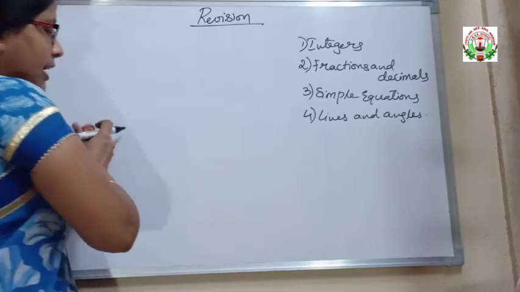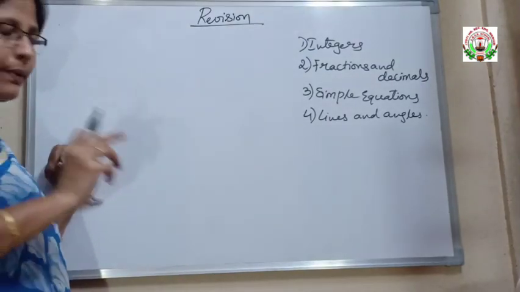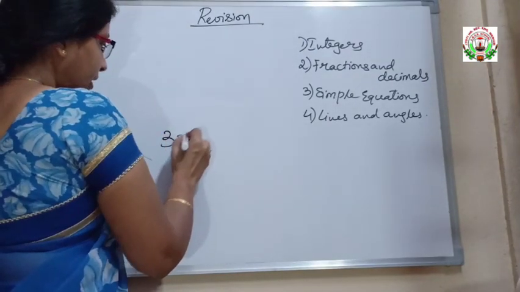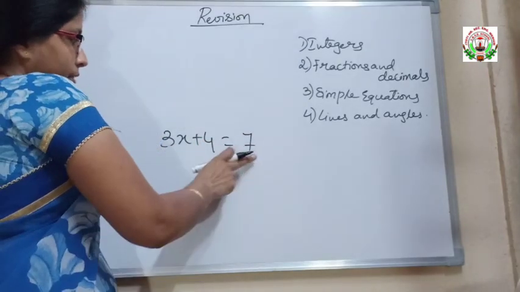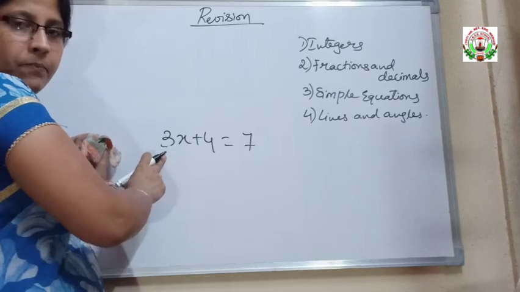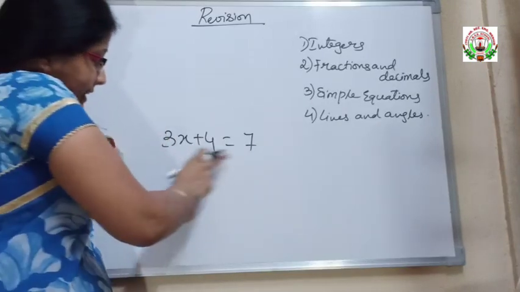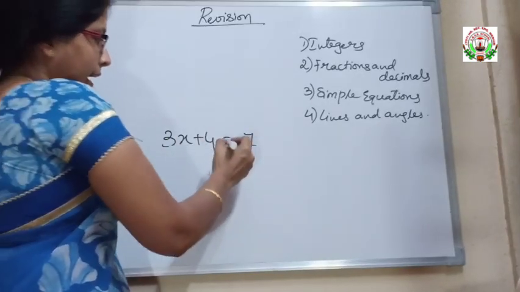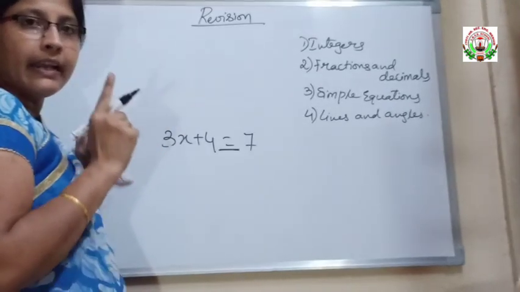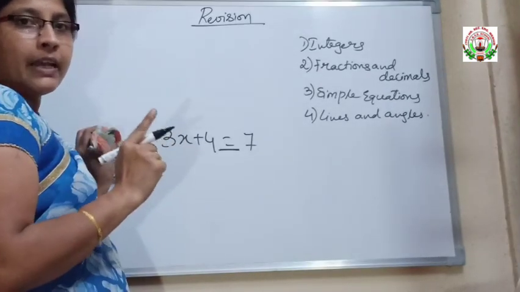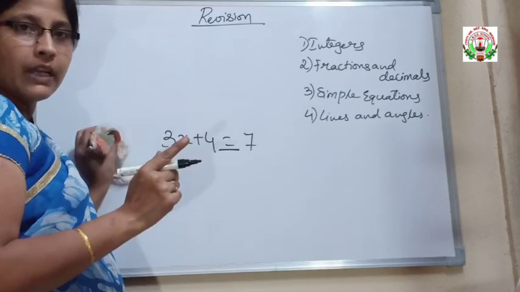Simple equations, I told you, it is an open sentence. That is 3x plus 4 is equal to 7. When I write this expression, a simple equation should have an equal sign every time, then only it is called a simple equation.